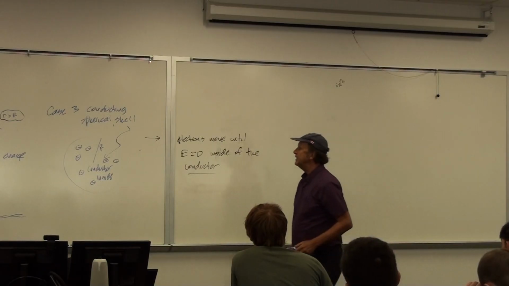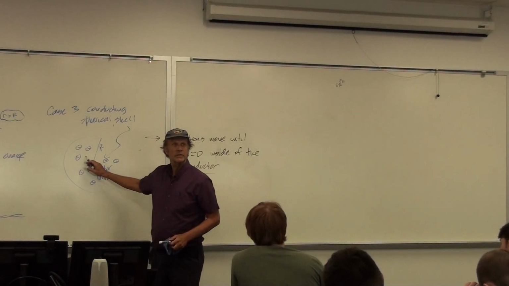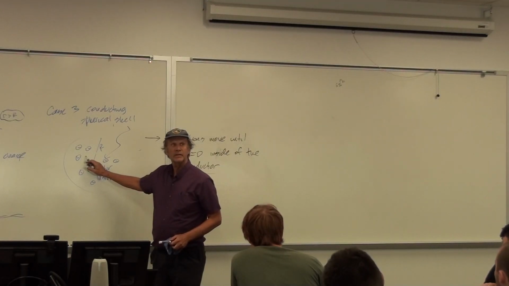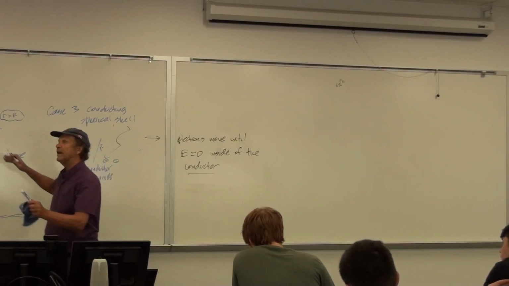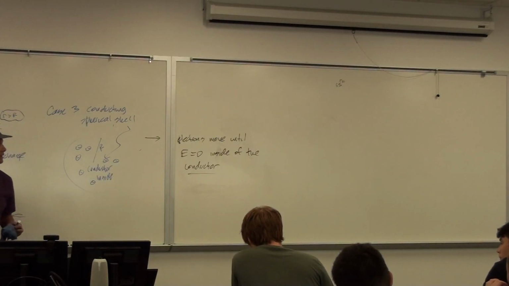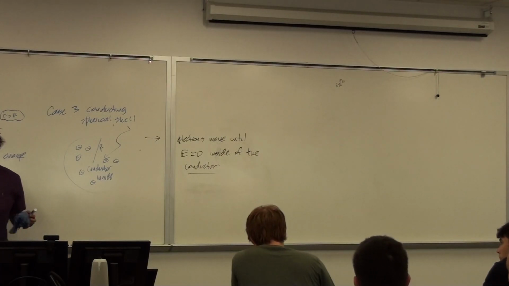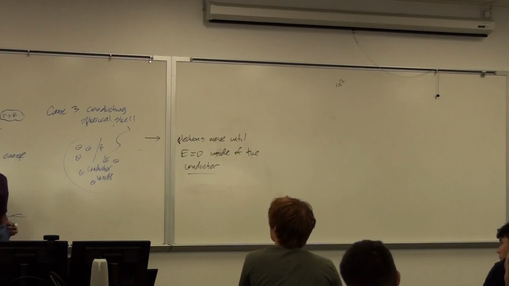So the electric field is 0 inside of the conductor. Why? Because if there were an electric field in there, that would move charge. And as long as there's an electric field in there, charges will move. It's just like in this room. We could have some wind or something, but if you close the door and turn off the air conditioning, eventually all of these motions are going to cancel each other out.